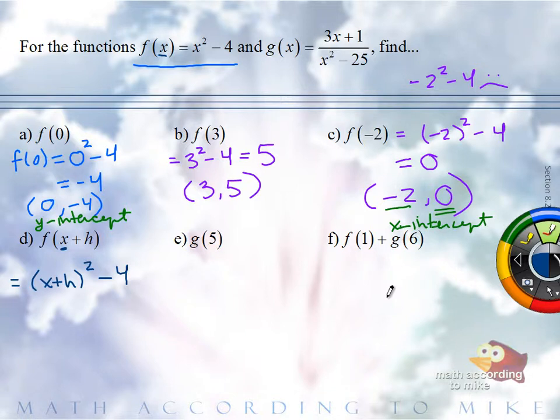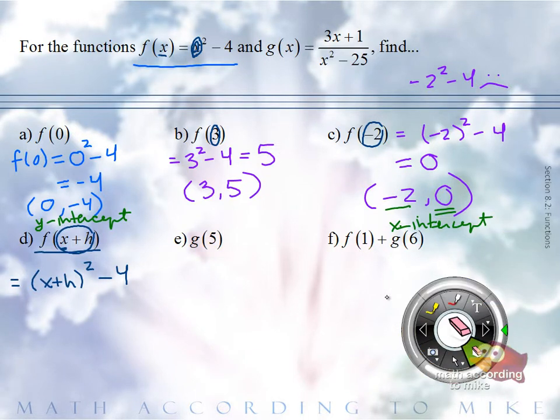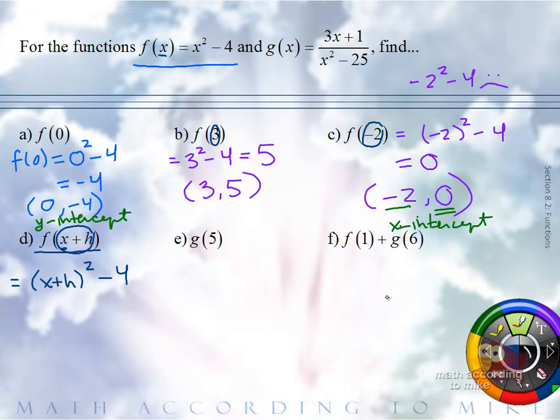This notation says whenever you see an x, you're going to replace it with x plus h. Just like whenever you saw an x, you put in a 3. Just like whenever you saw an x, you plugged in a negative 2. So, because this x now becomes x plus h, we get the quantity x plus h squared minus 4. So that's hurdle number 1.